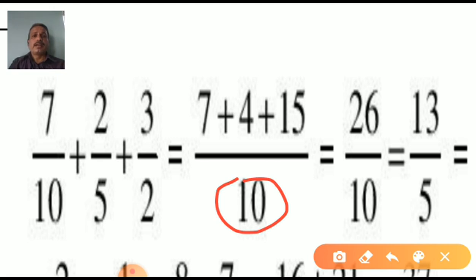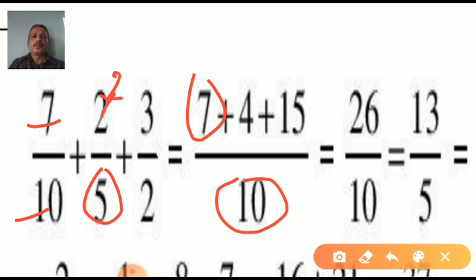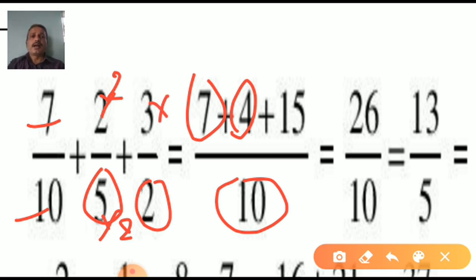This first number having 10, no need to do anything. 7 written as it is. Okay, here is the 5. I want to make this 5 into 10. What do I have to multiply with, student? Yes, multiply with 2. 2 twos are 4. Now 5 twos are 10. Okay, here is the 2. I want to make it 10. So multiply with 5. 5 threes are 15.